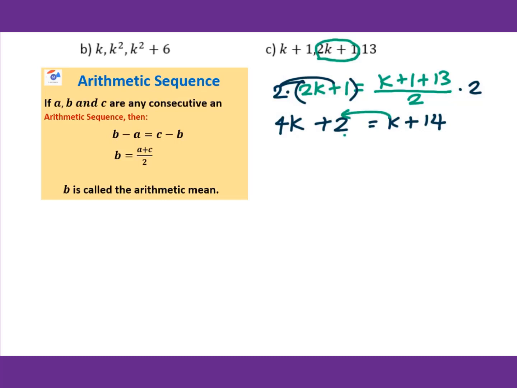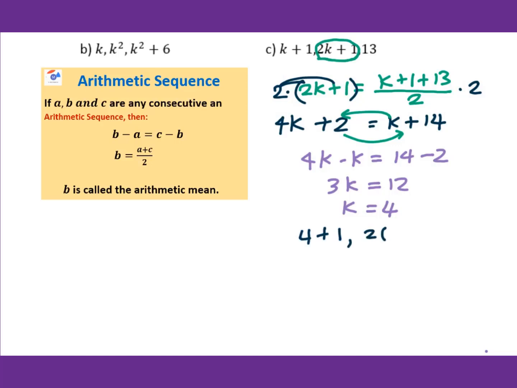Isolate the k on one side because this is a linear equation. 4k minus k equals 14 minus 2. 3k equals 12. k equals 4. Therefore, we got the sequence 4 plus 1, 2 times 4 plus 1, then 13. 5, 9, 13 will be the sequence.